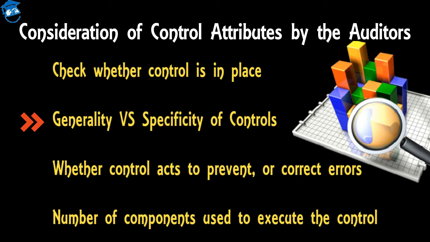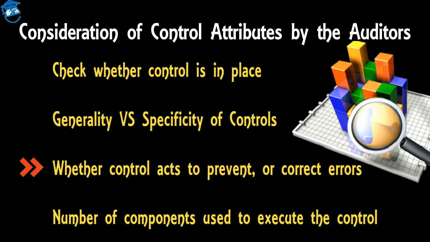So go by this control, generality versus specificity, wherein you'll be able to know that this is something very general, and that is going to affect the complete financial statements. Whereas if I talk about something related to a particular item, that's going to have a much bigger impact, but only on that particular item. Still, you need to keep the specificity of controls in your mind as well.